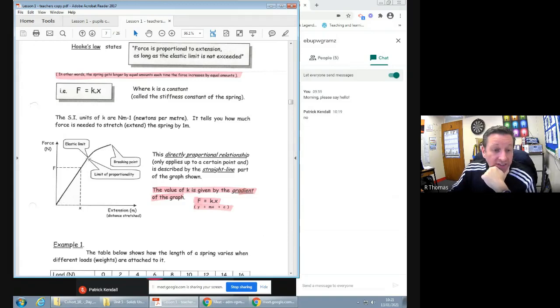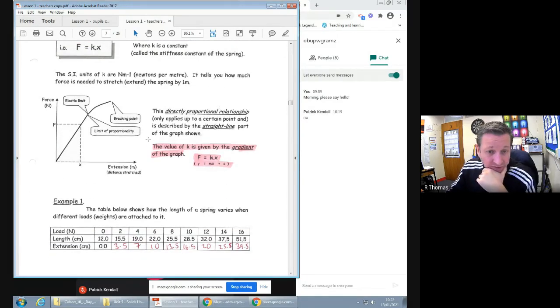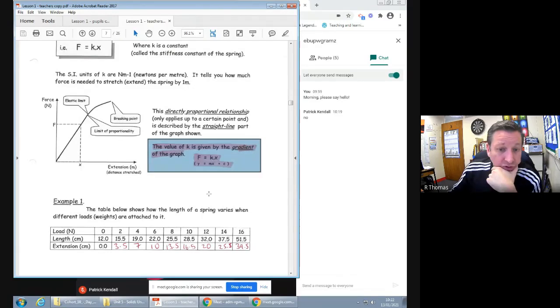And this is called the elastic limit. This is when that spring stretches beyond its limit to go back, and then of course the metal or plastic or whatever it is deforms, and it won't return to that original state. And then finally, whatever the material is, it will snap into two, and that is called the breaking point.